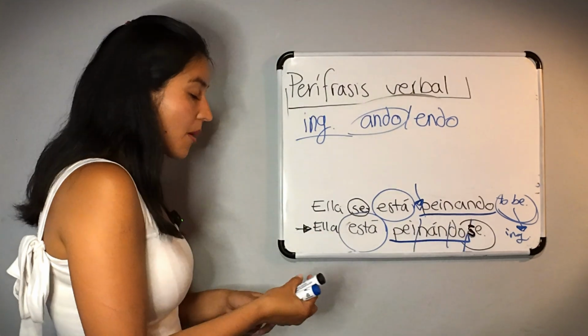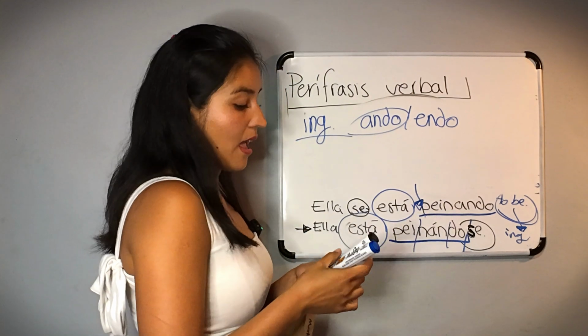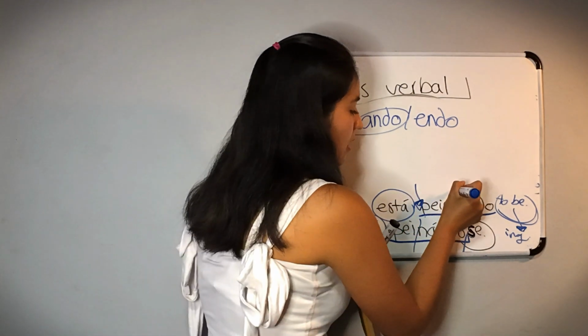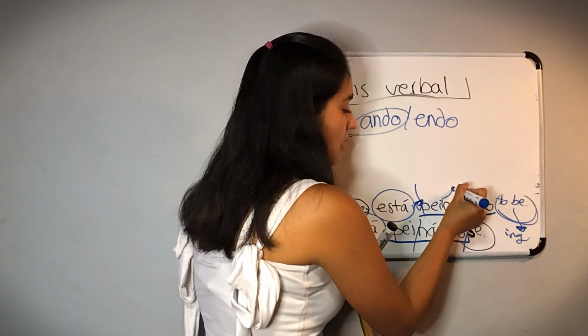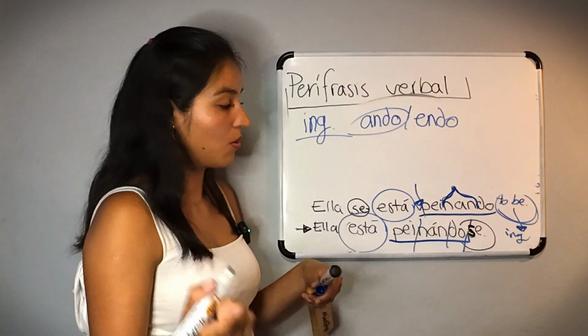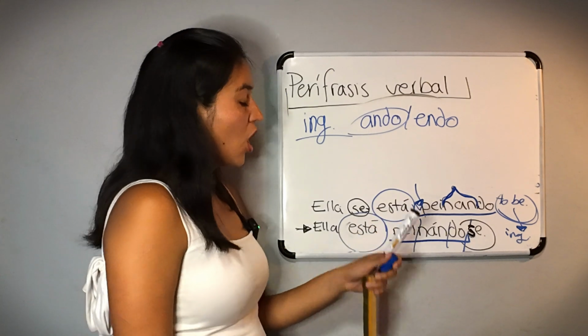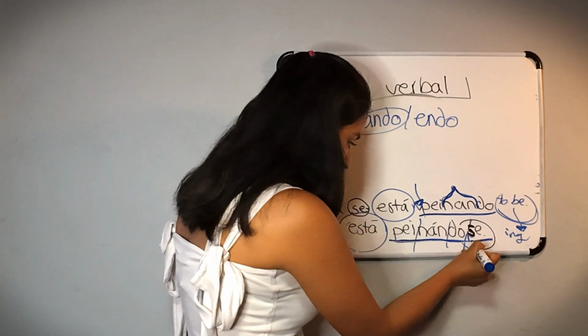So in here, because we went from peinando, and the strong syllable is this, and it doesn't have an accent because it has a rule. And that's what I can explain to you if you want. It doesn't have an accent. But when you have this word, it's gonna be different.